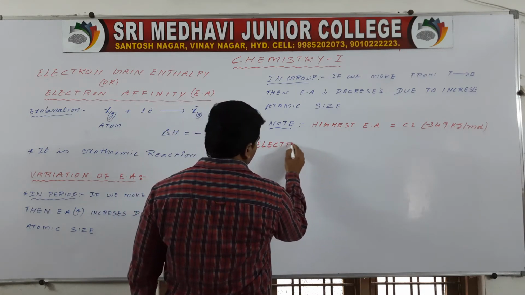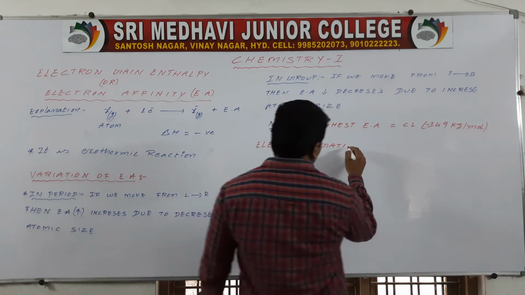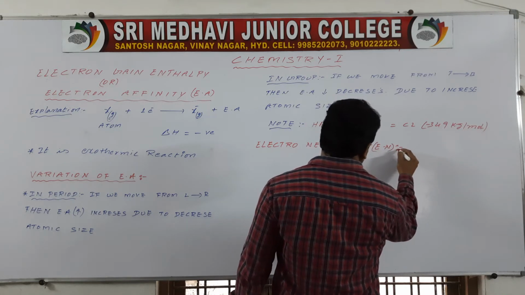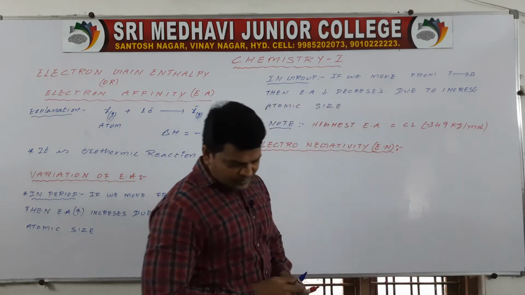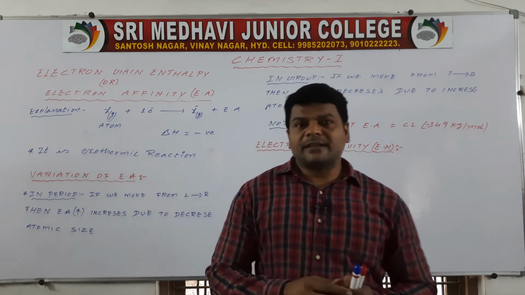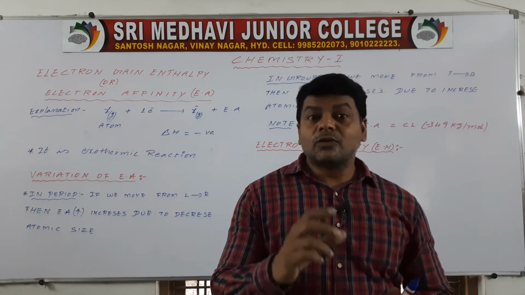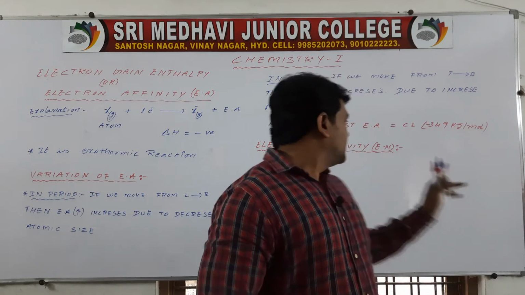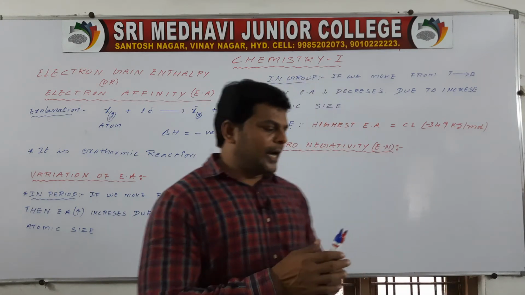electronegativity, EN. What does electronegativity mean? The tendency of attracting a shared electron pair towards the nucleus of an atom is electronegativity. For example, X and Y are two atoms.